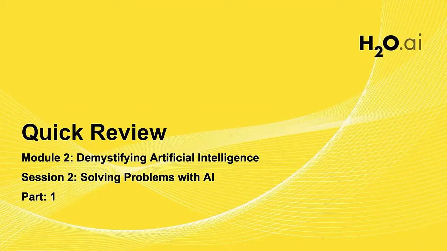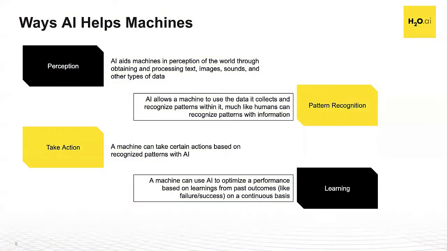All right, so I'm going to spend just a couple of minutes to review the ways that AI helps machines learn, because we should keep these in mind as we talk about finding the right problems, since sometimes they help inform or shape the problem that you're going to solve. As I mentioned in the last session, one of the ways that AI helps machines is with perception.